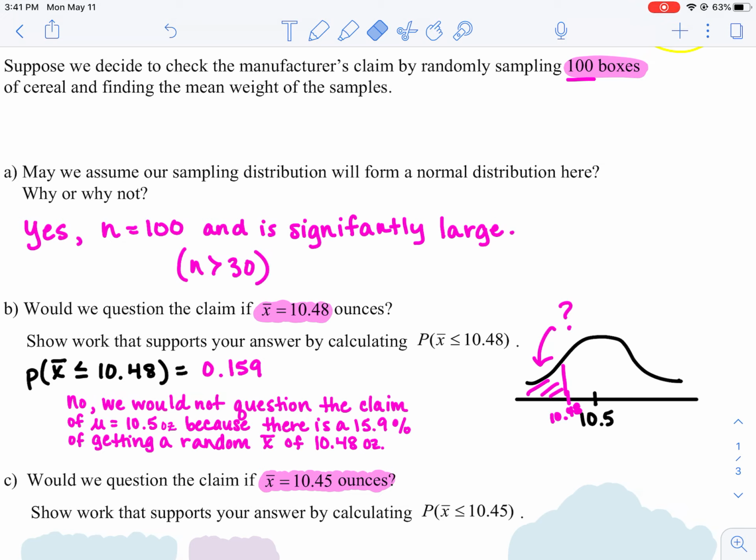And that's not a low enough percentage. What was that percentage that I said we wanted to be lower than? Right, 5%. So this number has to be less than 0.05.